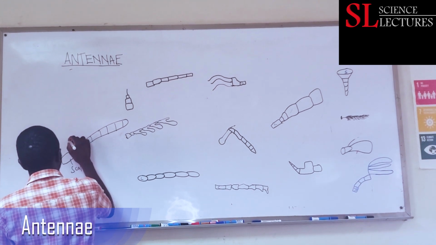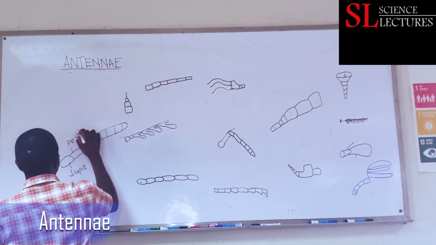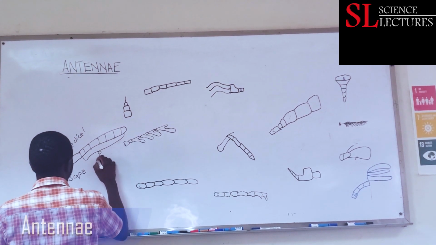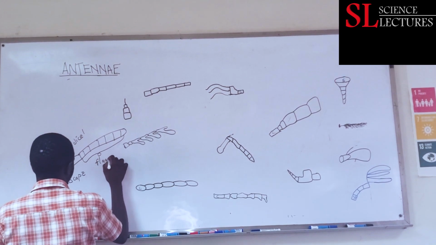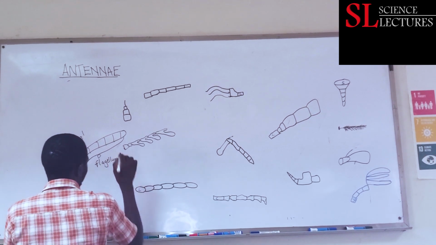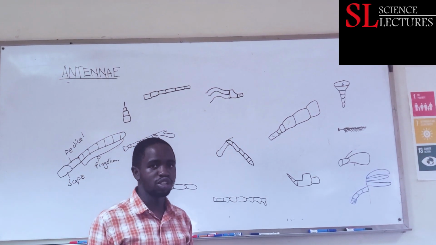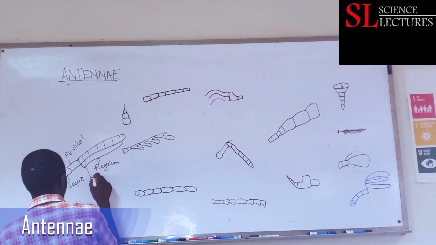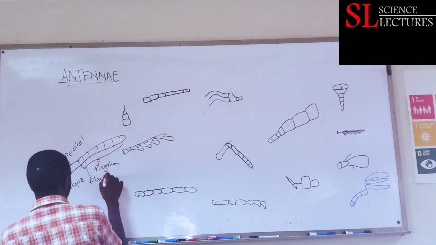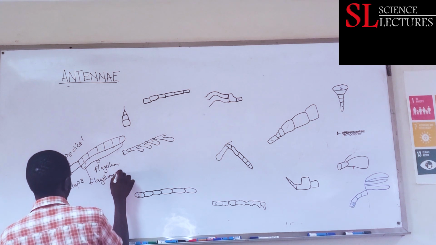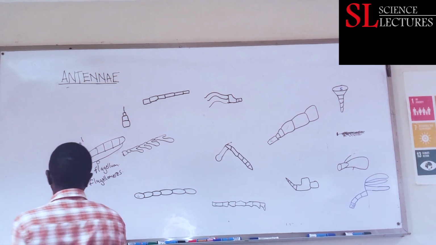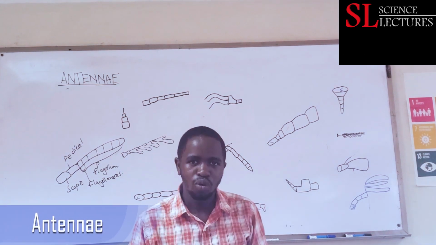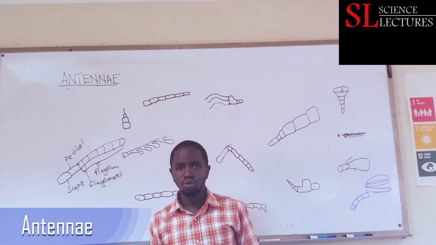The second segment is called a pedicel, and successive segments are called flagellum. However, each flagellum is made up of small segments called flagellomeres. So that is the gross structure of any antenna.